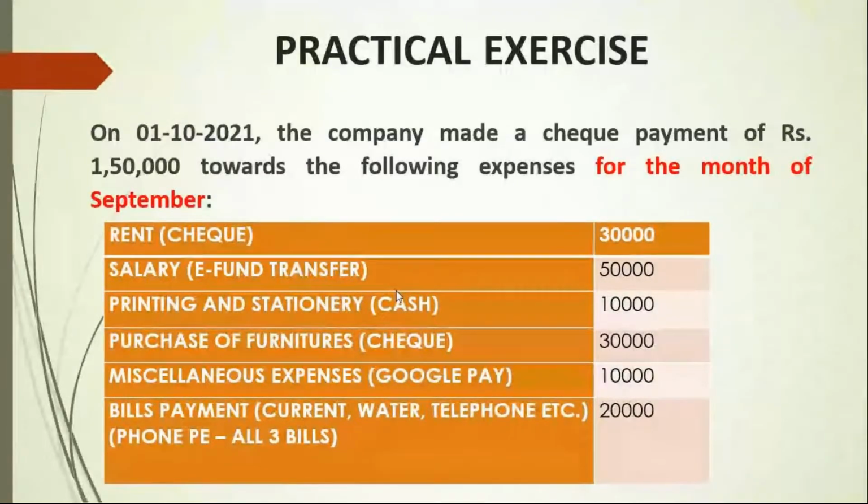Now here salary we have is this 10,000, then we have 50,000, then we have printing and stationery 10,000, purchase of furniture by check 30,000, miscellaneous expenses, which payment is done by Google Pay 10,000, bills payment: current bill, water bill, telephone bill.